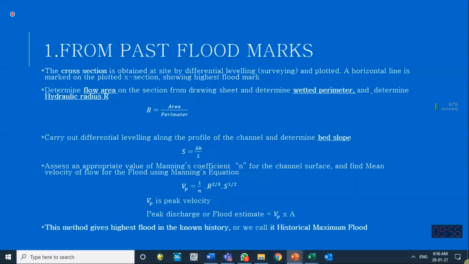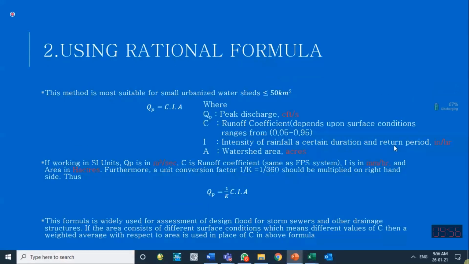They have such memories, like in the year of the independence of Pakistan. They will tell you, when I was 10 years old, water reached my house up to this level. Use that as evidence and then calculate back the flow or the flood that occurred in that area. So previous records are important to estimate how much flood can occur in the new year.